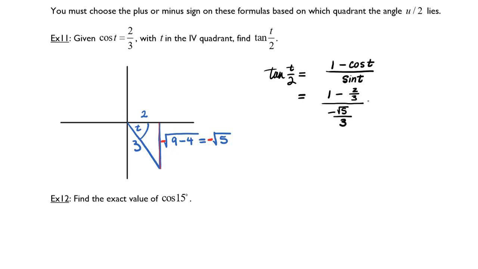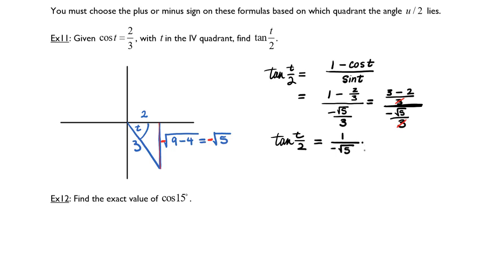If I get a common denominator in the numerator, I will have 3 minus 2 all over 3. And in the denominator, I'll have negative square root of 5 over 3. That means that tangent of t over 2 is equal to, reducing the common denominator 3, 1 over negative square root of 5.